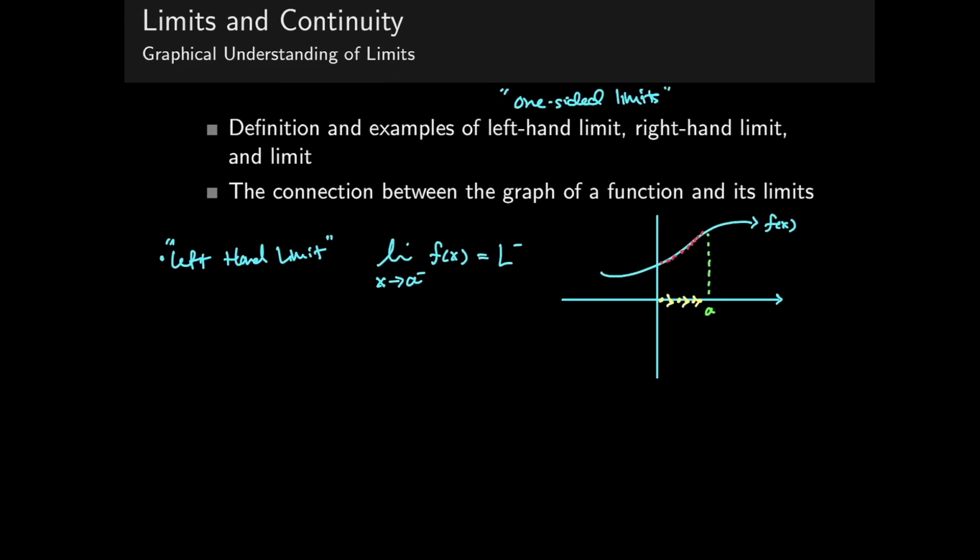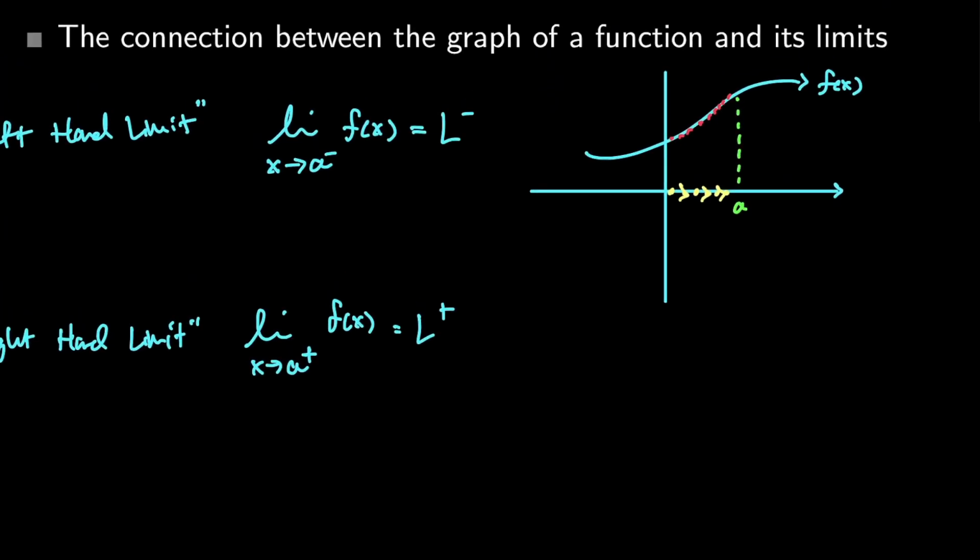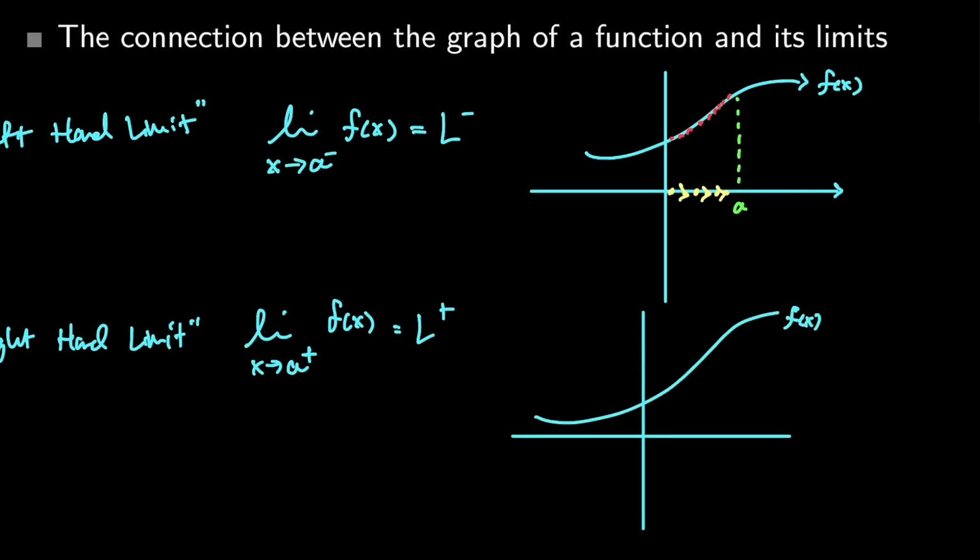Okay, this is what we call a left-hand limit, and a right-hand limit is just the same, but coming from the right. And we use this notation of x approaching a from the positive side of it, meaning from values greater than it. We call this the right-hand limit. And so, for this, we'll just draw a separate graph here. Similarly, here's my f of x.